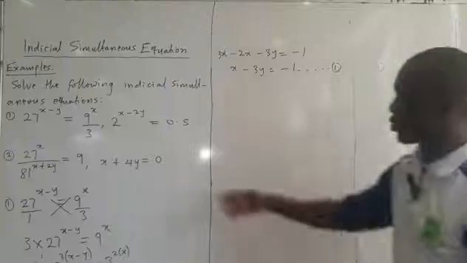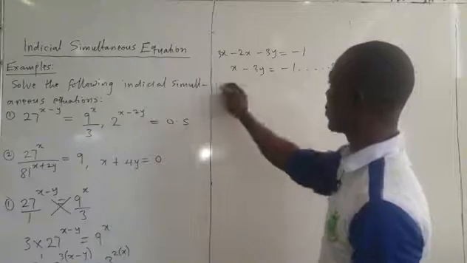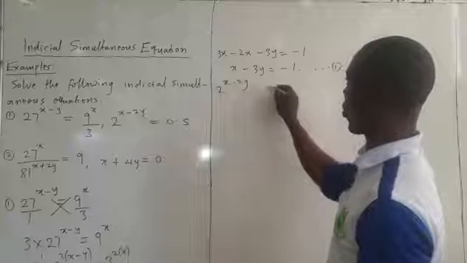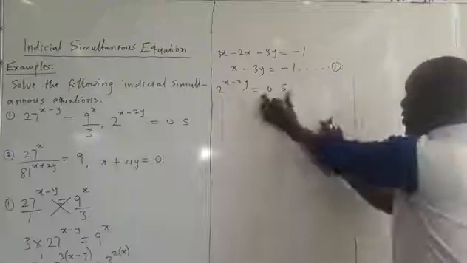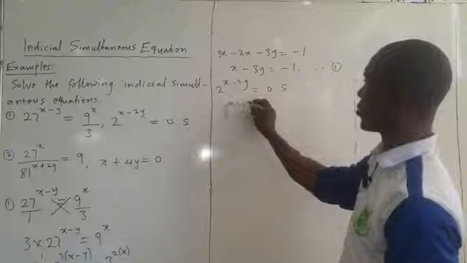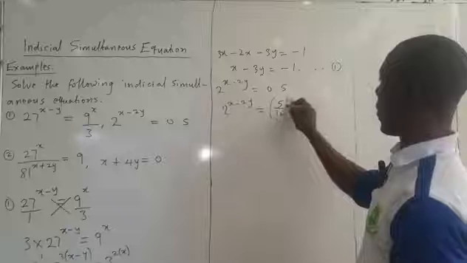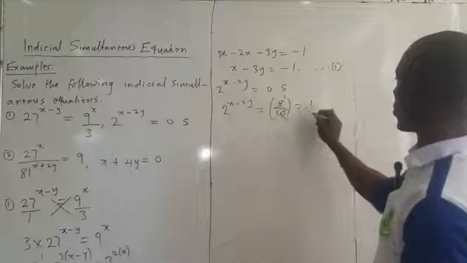The next thing to do is to take the second indicial equation, which is 2 raised to power x minus 2y equals 0.5. What we need to do here is to change this decimal number to a fraction. So it's 2 raised to power x minus 2y equals 5 over 10. And 5 over 10 becomes 1 over 2.